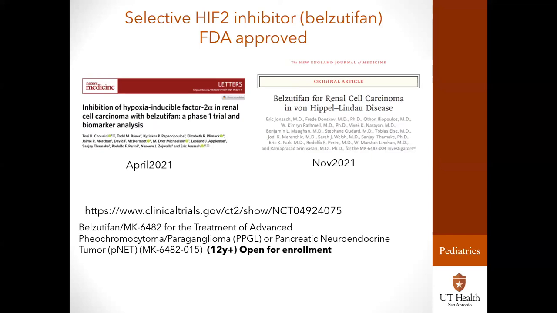And also very relevant to this presentation, late last year, there was the first report of the use of belzutifan in patients with von Hippel-Lindau.